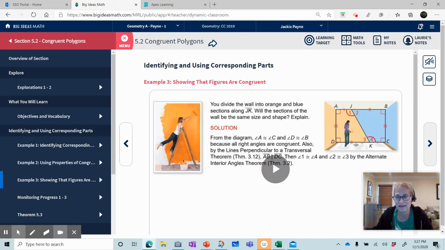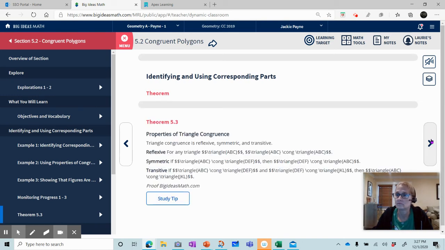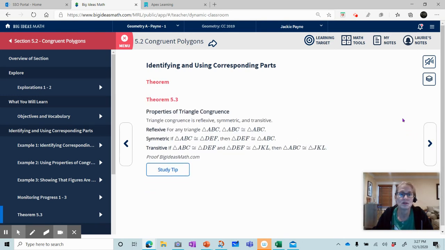I'm going to skip this one to keep the video shorter because I'd like to go on to the theorem. So we have a theorem that basically says that if you have specifically congruent triangles, then triangle congruence between two triangles is reflexive, symmetric, and transitive. We've been using those properties before.